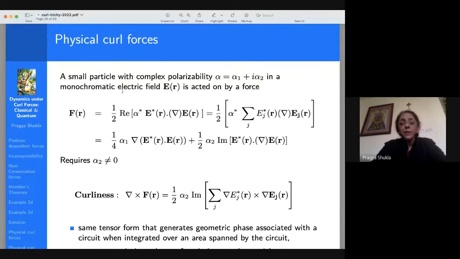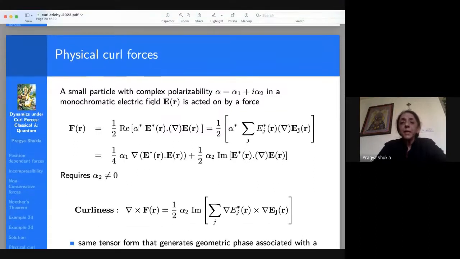If the small particle, the atom which I mentioned initially, has a complex polarizability, alpha equals alpha 1 plus i alpha 2, kept in a monochromatic electric field, then it is acted on by an average force, which can be written in this form, which I showed you in the previous slide. Then you can separate this force: if you write the real part as alpha 1 and the imaginary part as alpha 2, you can separate it into two parts.